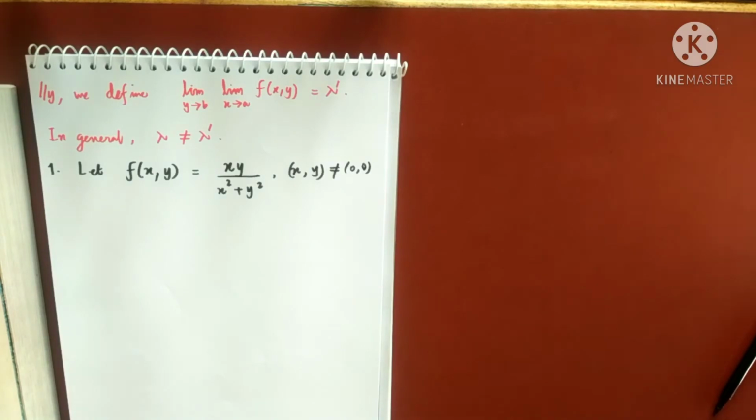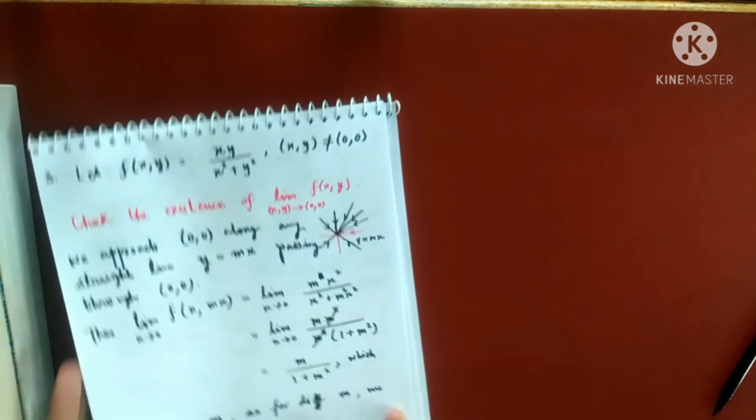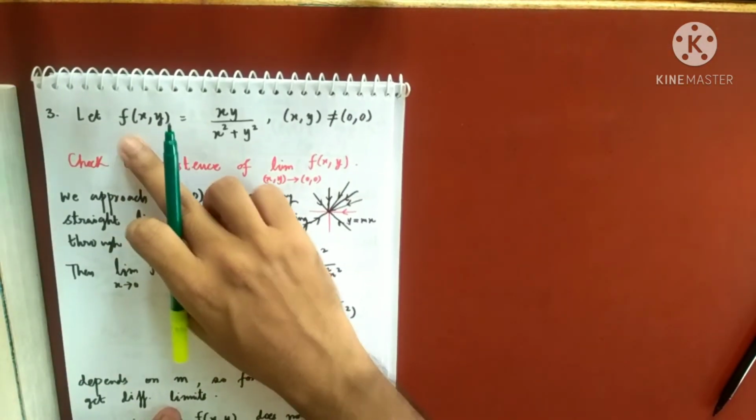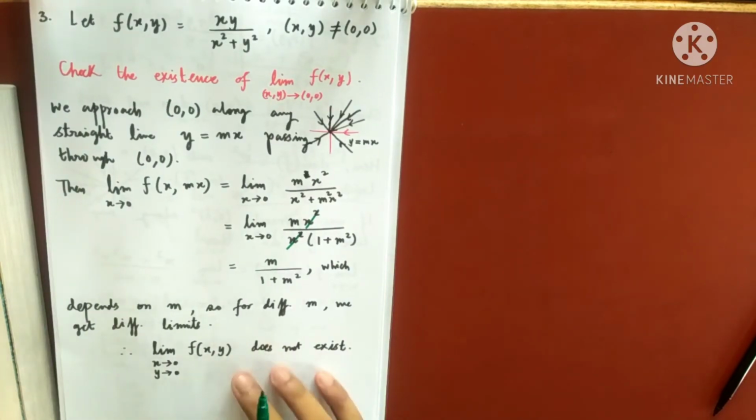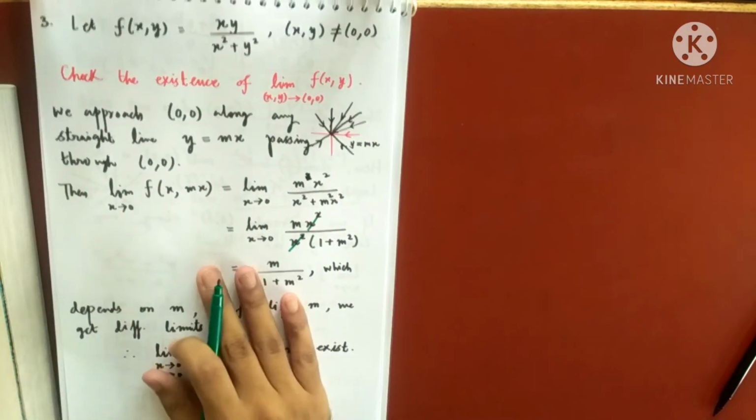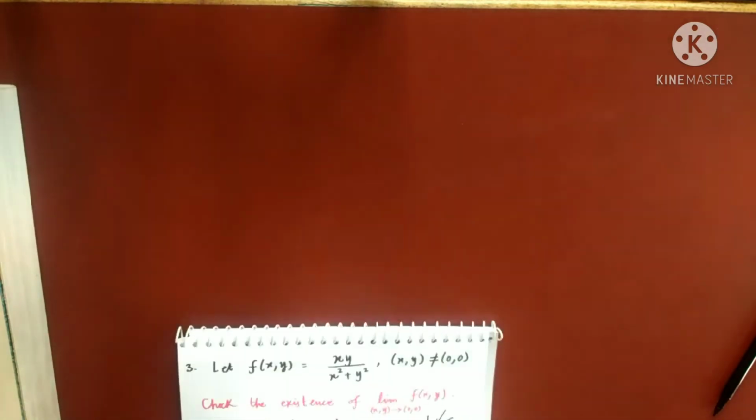We just saw that the double limit does not exist. Keep that in mind: the double limit does not exist.